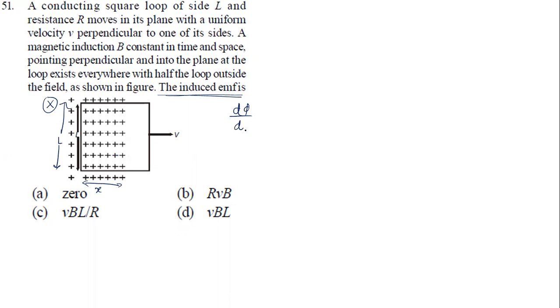So d phi by dt equals d by dt of B times A, where A is length into breadth. B and L remain constant, so it will be B L dx by dt.